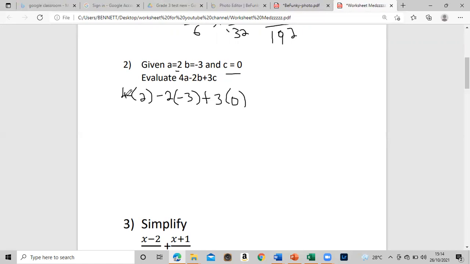Alright, so let's multiply. 4 times 2 is 8. -2 times -3 gives us positive 6. And 3 times 0 is 0. So all we have to do now is 8 plus 6, that is 14. 14 plus 0 is 14. So we just put our answer as 14.